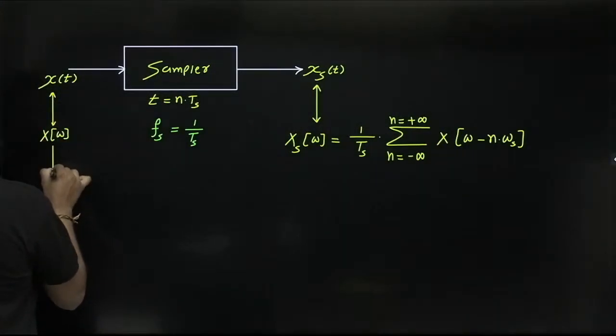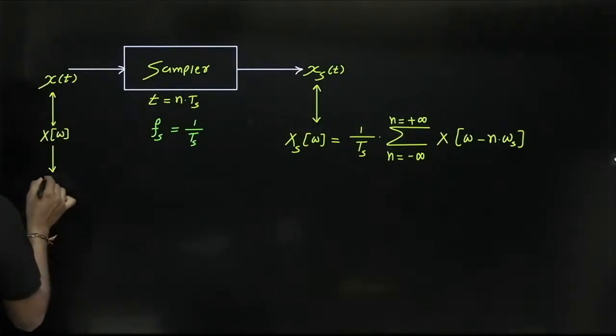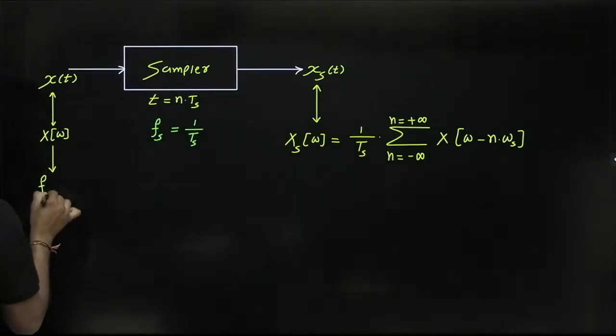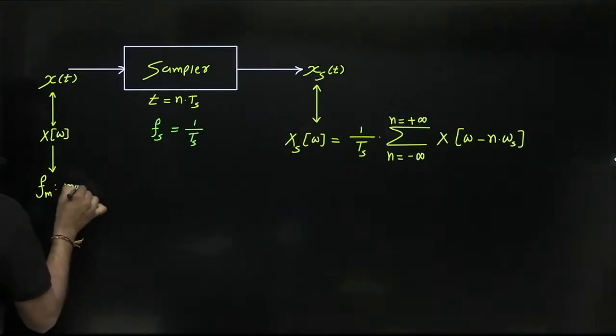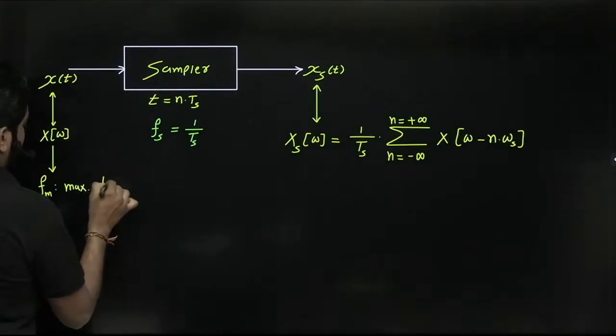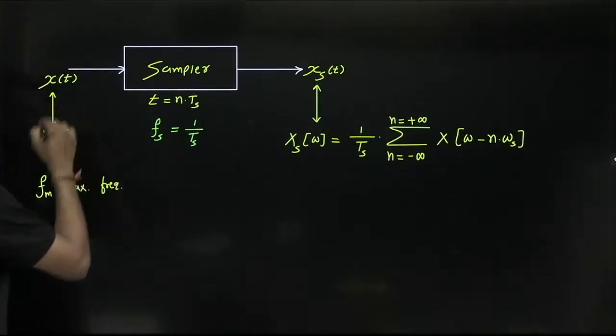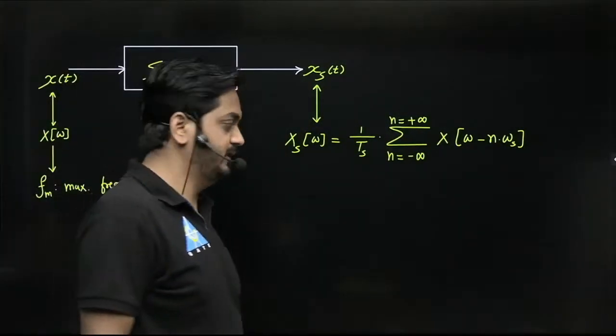This signal has maximum frequency fm, the highest frequency of x of t.